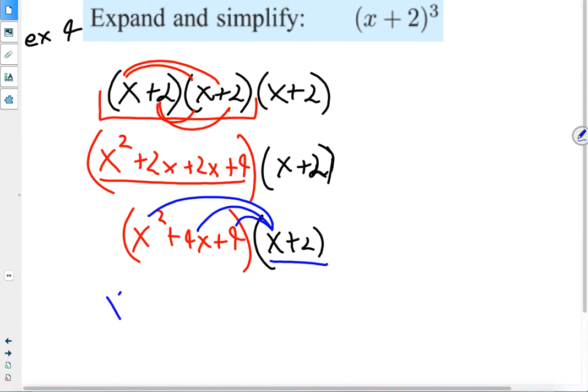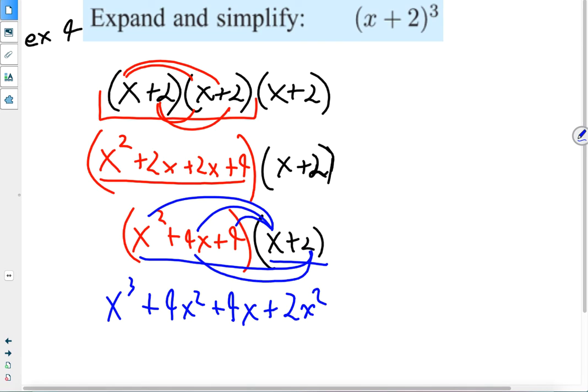So I'm going to get x cubed plus 4x squared plus 4x. Now bring my 2 through. Plus 2x squared plus 8x plus 8. Okay? So again, I should have 1, 2, 3, 4, 5, 6 terms.